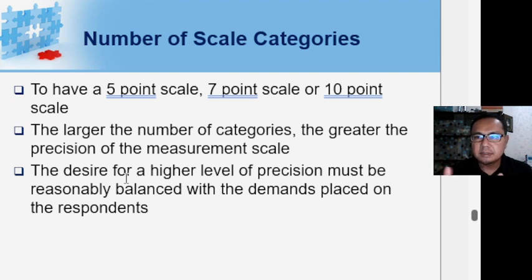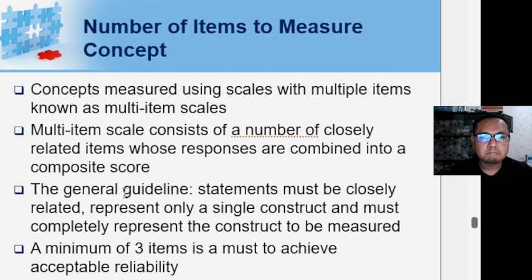That means you can have a more precise measurement scale. The desire for a higher level of precision must be reasonably balanced with the demand placed on the respondent.